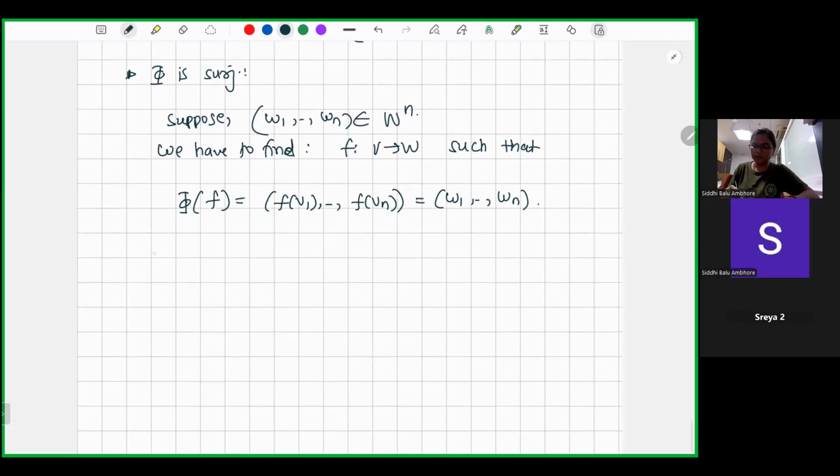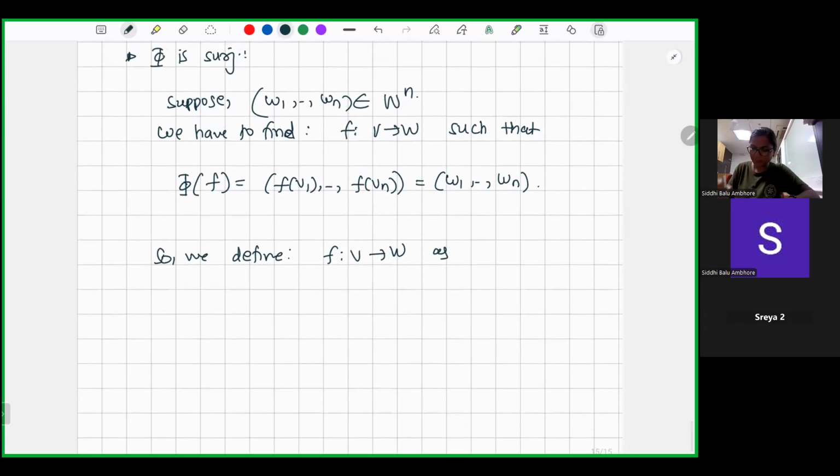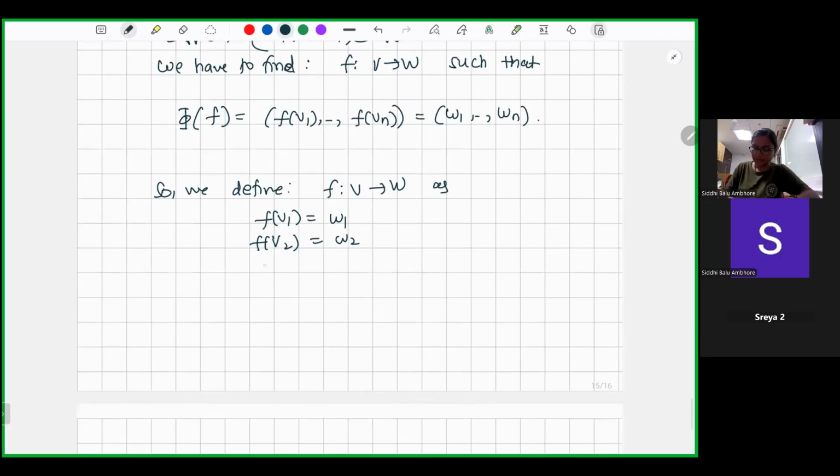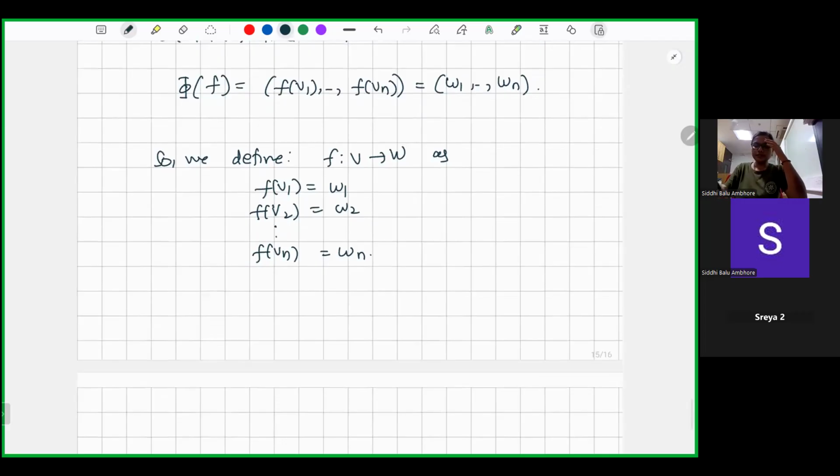So we define f from V to W as f of v1 is w1, f of v2 is w2, and f of vn is wn. Then for this f, f of v1 to vn will be w1 to wn.